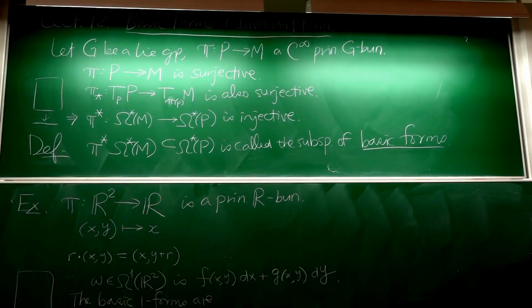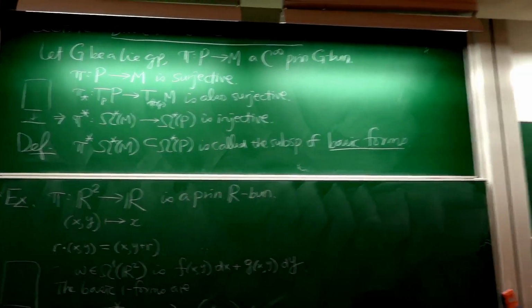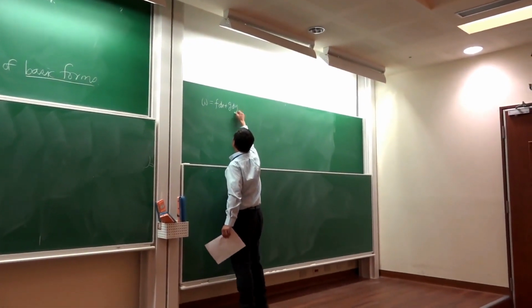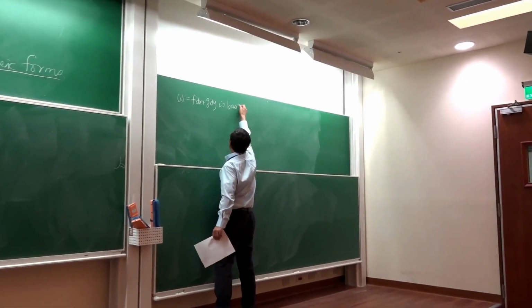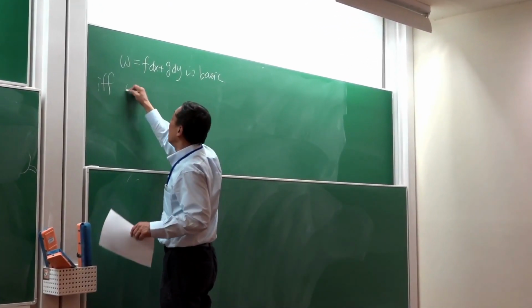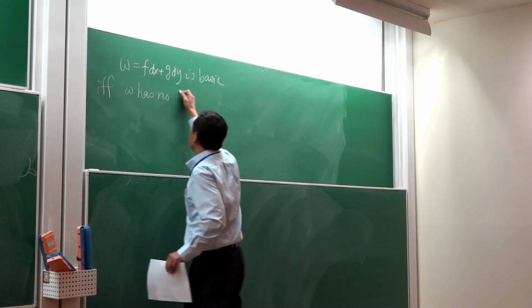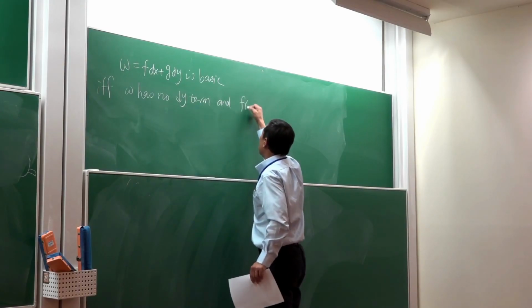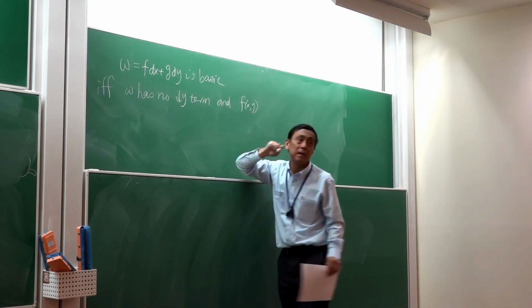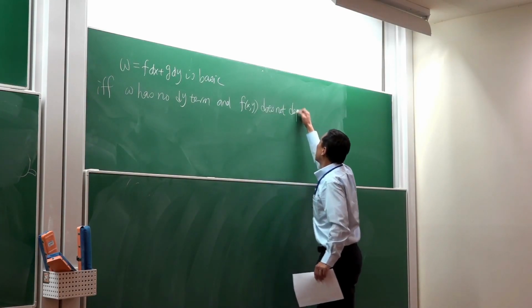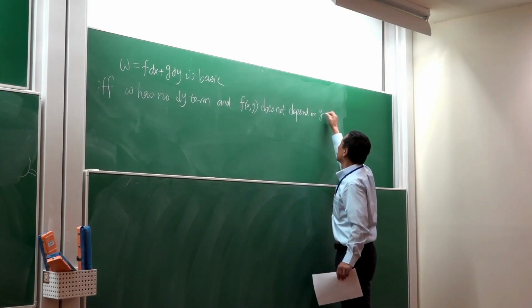So we can say that omega, f dx plus g dy, is basic if and only if omega has no dy term, and f(x,y) does not depend on y.